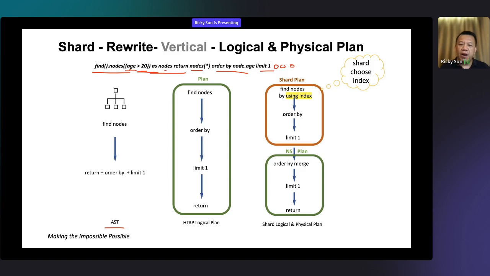And on the name server, it's really order by merge, limit, and return. So this is the difference in the overall execution plan, the logical and physical plan, for shard servers.